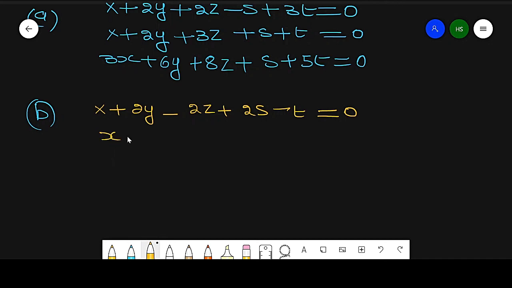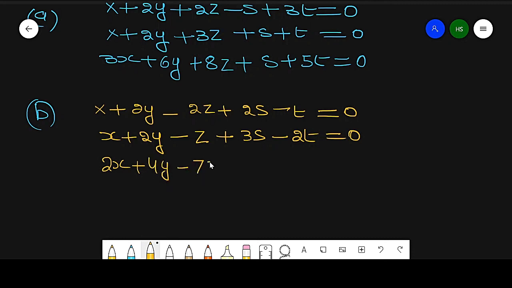Second, x plus 2y minus z plus 3s minus 2t equal to 0. Third is 2x plus 4y minus 7z plus s plus t equal to 0, right?